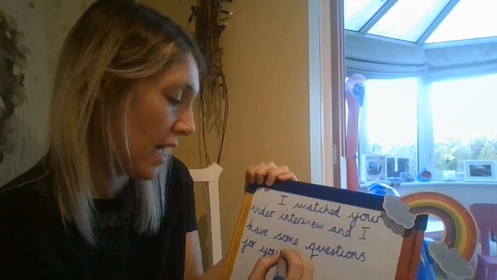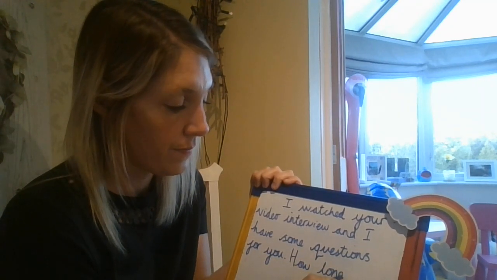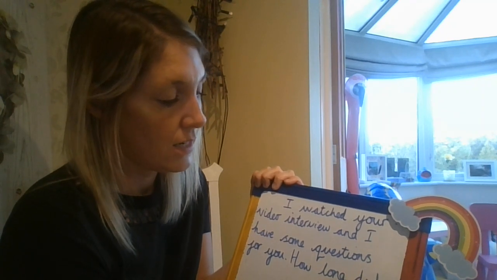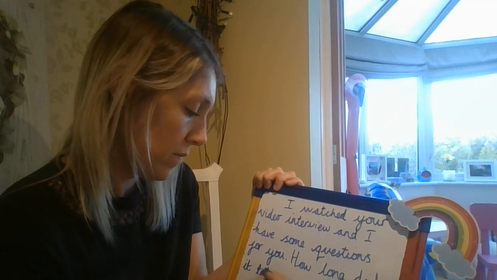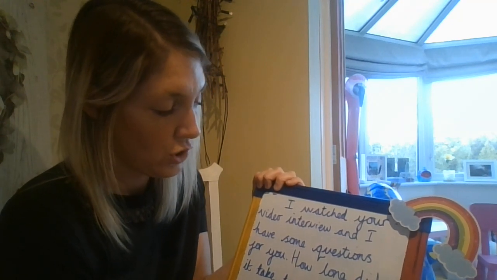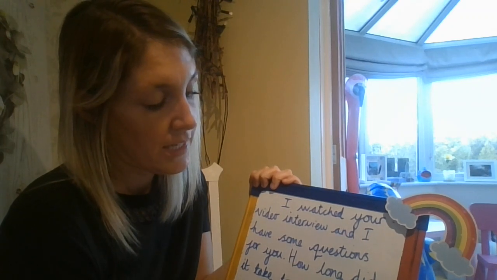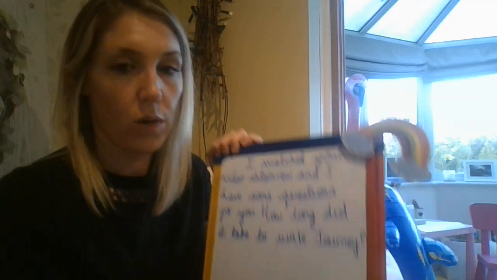So I might ask, how long did it take to write Journey? Journey's the title of the book, so keep a capital letter on that, and then obviously question mark.